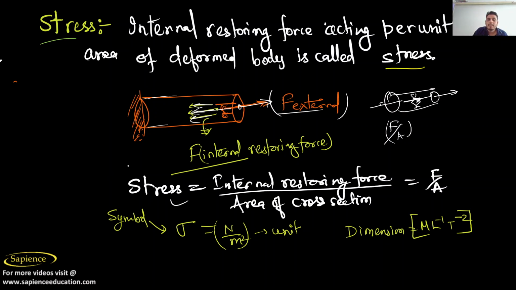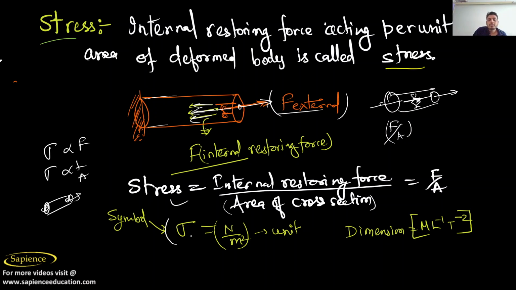The more internal restoring force there is, the more stress there will be. Less area means more stress. So stress is directly proportional to force and inversely proportional to the area of cross section. The thinner an object, or the less its area, the more stress it will produce.